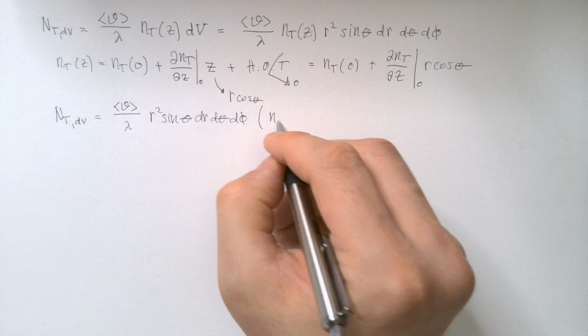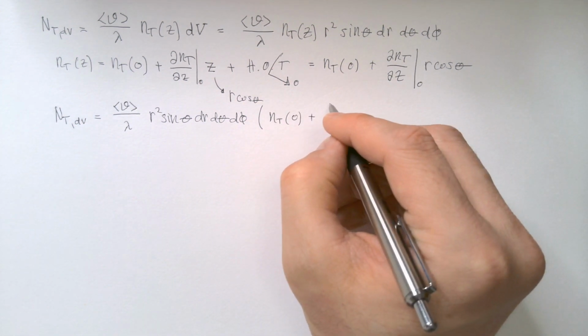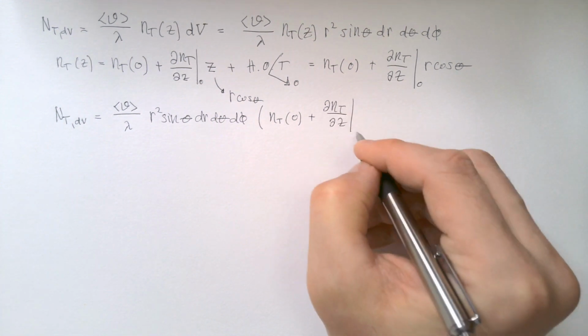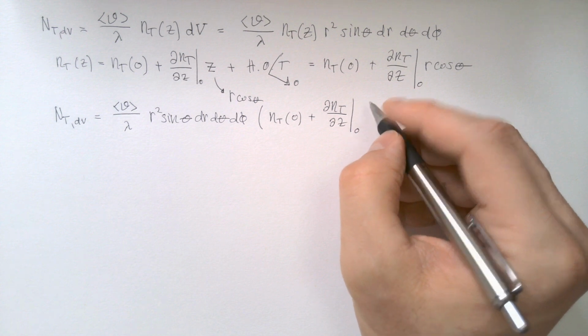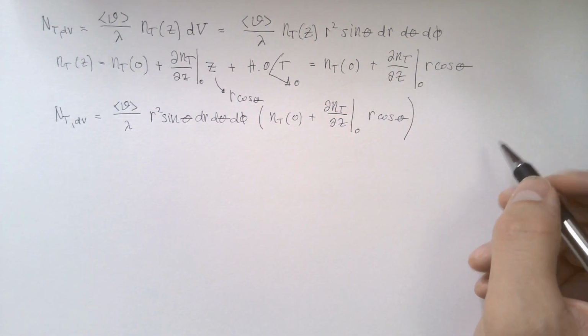So times nt at 0 plus delta nt over delta z evaluated at 0 times r cosine theta. Very well.